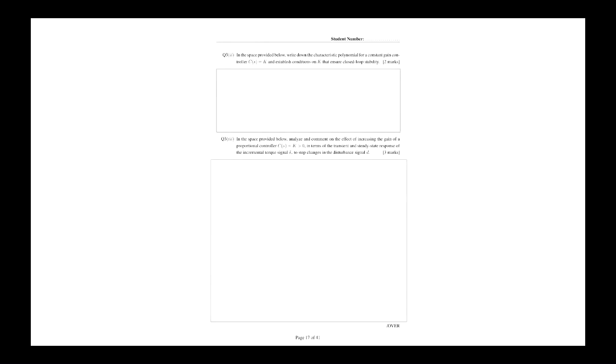Then the next questions are about saying, well, what happens when we use proportional gain control? Can you stabilise the system with proportional gain control? What kind of closed loop responses do you get as you vary the proportional controller gain?